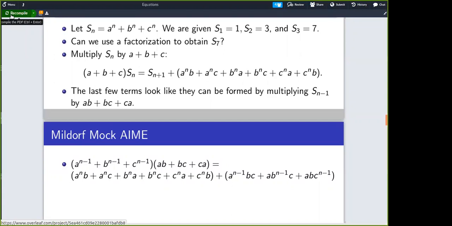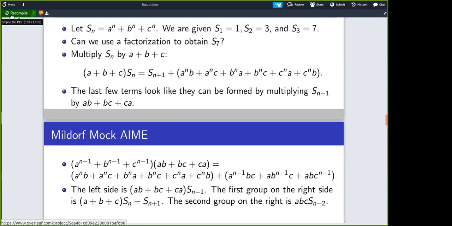So yeah, the left side was what we multiplied, AB plus BC plus CA times Sn minus 1. The first grouping on the right side is, from the previous slide, we had A plus B plus C times Sn equals Sn plus 1 plus those 6 terms. So these 6 terms have the sum A plus B plus C times Sn minus Sn plus 1.